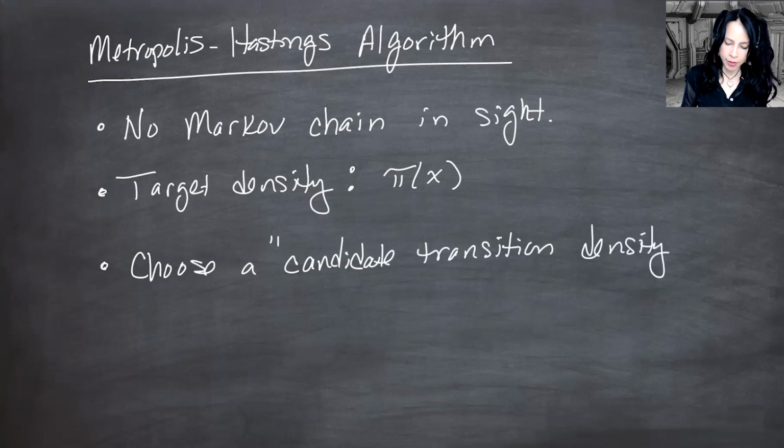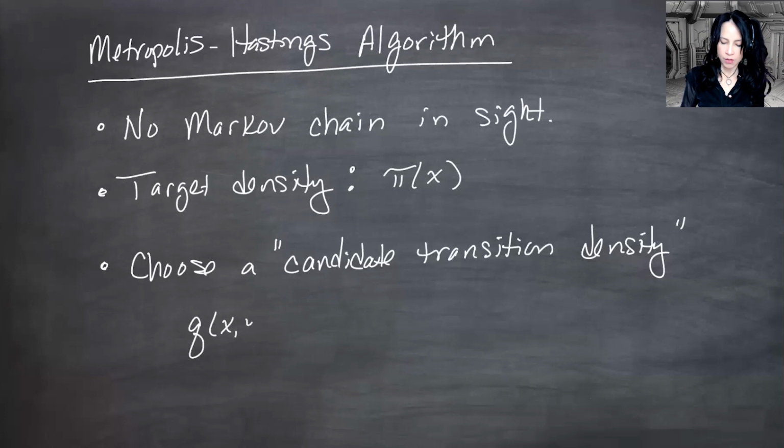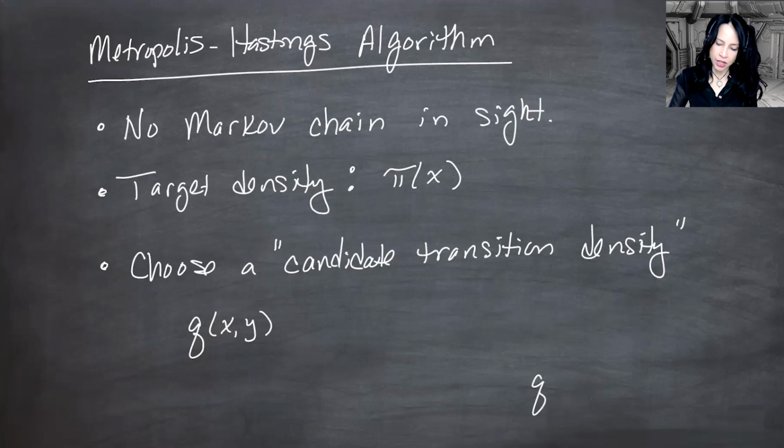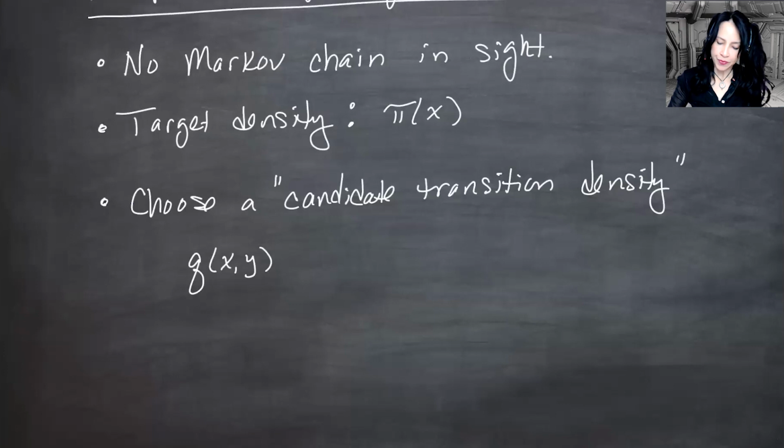This is not going to be the P of the problem. We're trying to build one. So it's usually called Q of X and Y. Sometimes people will call it Q of Y given X, like where do you go given you're at X? I'm not going to do that for a bunch of reasons. But this is going to be a proposal.